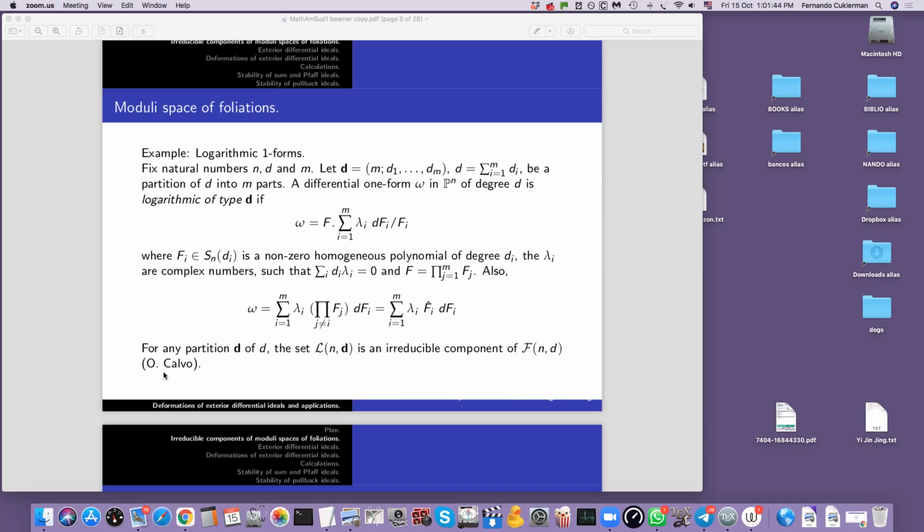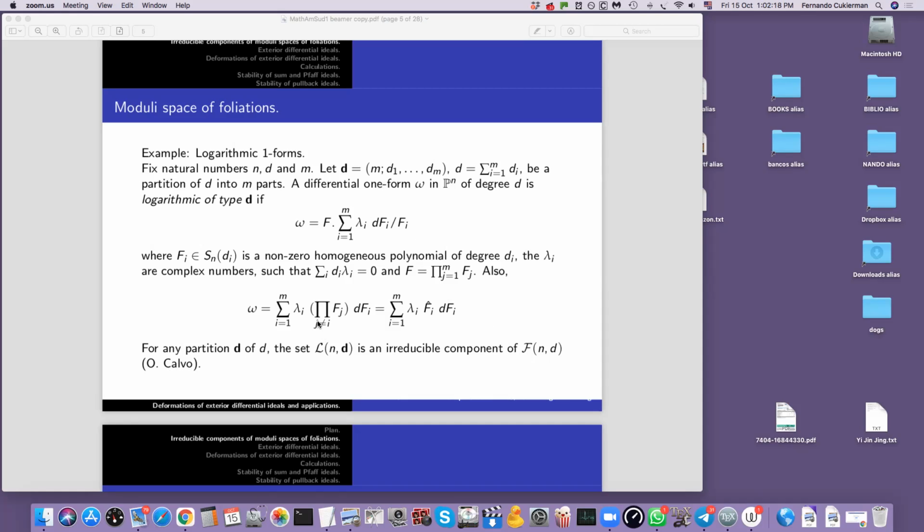And it is a theorem of Calvo that the collection of these logarithmic forms with a fixed partition is an irreducible component of the space of foliations. Okay, so this is the first example of a family of integrable forms, and the theorem by Calvo says that this family is complete.